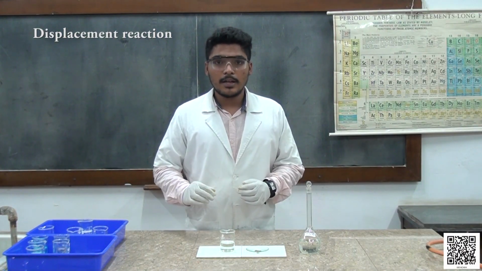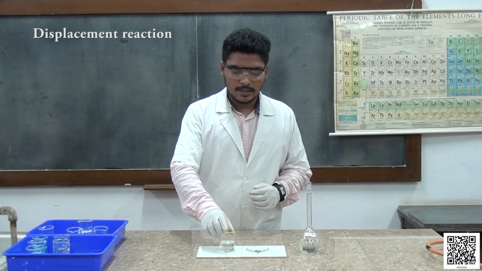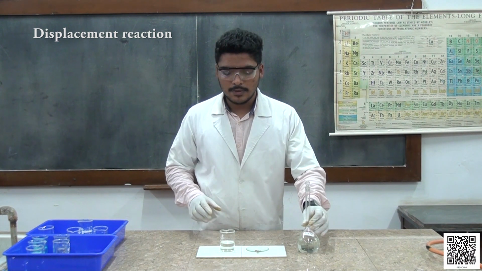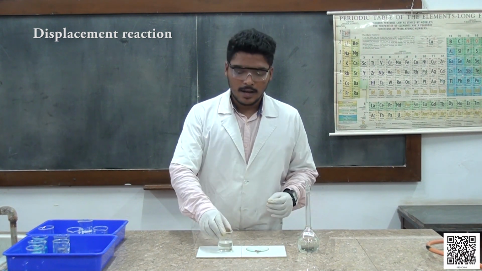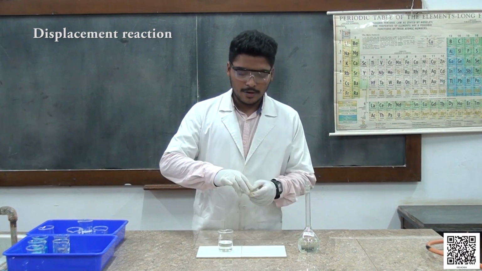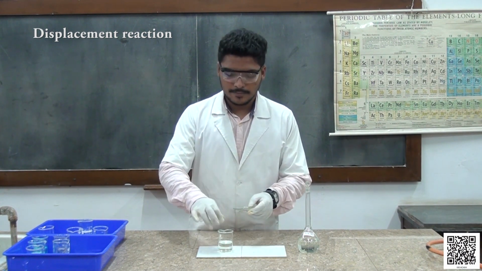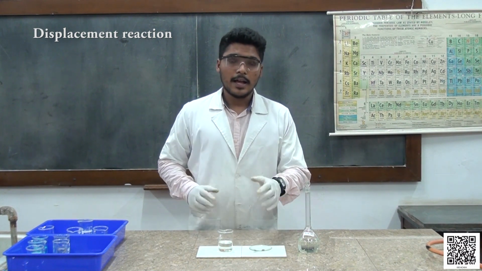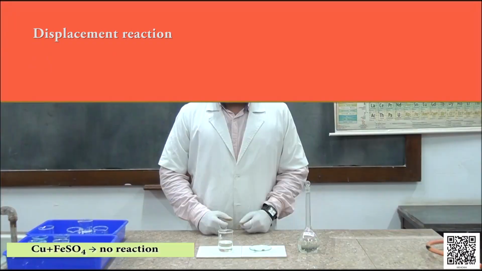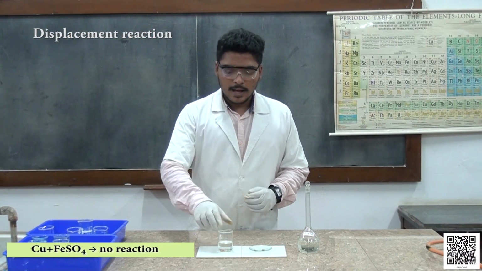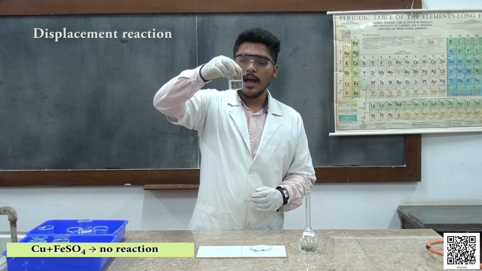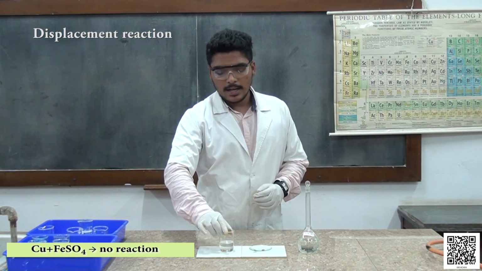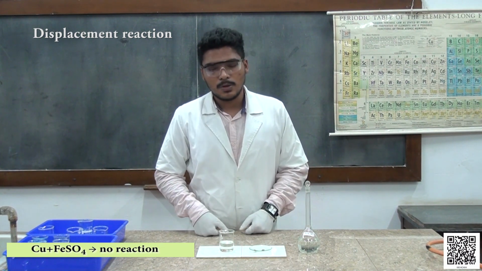Students, here we have the last set of reaction. Here I have with me ferrous sulfate solution which I have taken into the beaker. Now to that I am going to add copper turnings. Again we will wait for 60 minutes. Students, we are observing after 60 minutes, but no reaction has taken place in this solution.